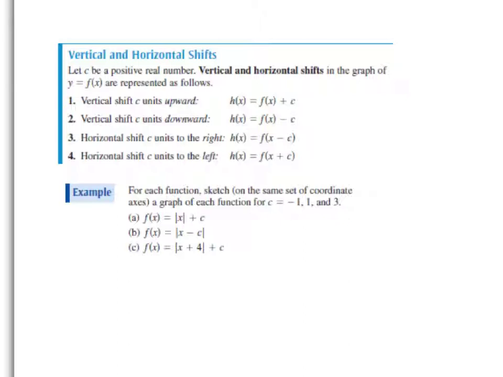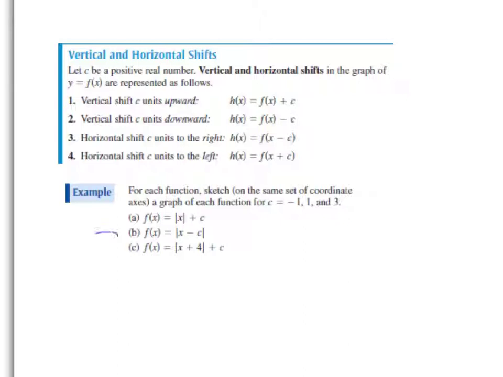If I have absolute value of x plus 1, that's going to move my graph up 1. And if we have absolute value of x plus 3, that's going to move my graph up 3.